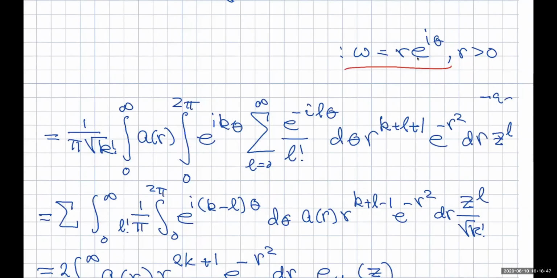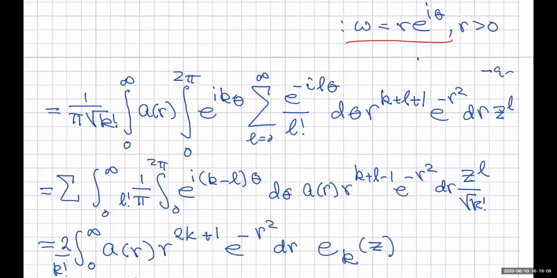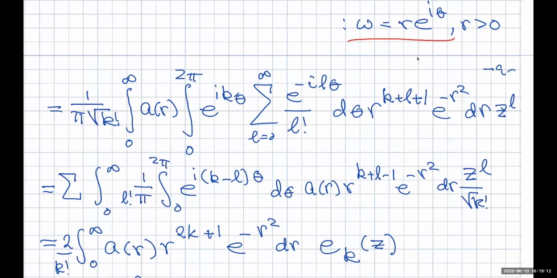Now you can take the symbol, you get r to the power n, so you take that power out, and you also have the power of r from the other factor. You write down the formula for the exponential function, and then you have the e to the minus r squared. And now you can take the sum outside because everything converges nicely. What you get there is a bunch of functions depending on r, and then you have the exponential.